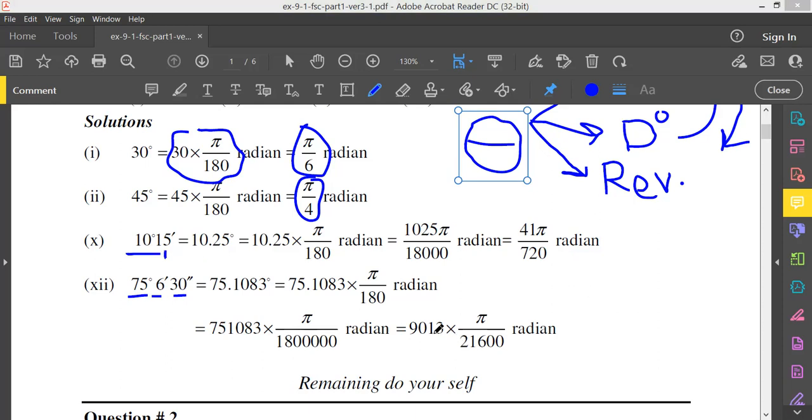If we use the whiteboard, this will be clear to us. We know that 1 degree is equal to 60 minutes. This is the sign for minute, and we know that 1 minute is equal to 60 seconds.